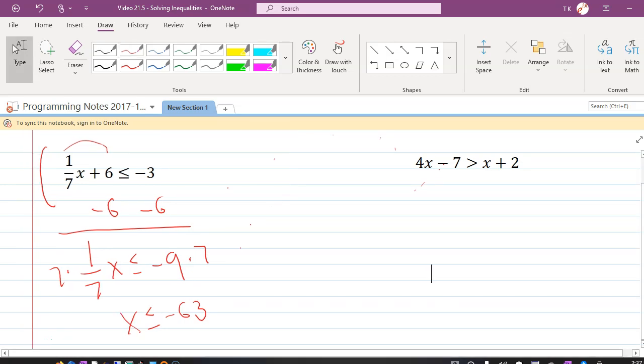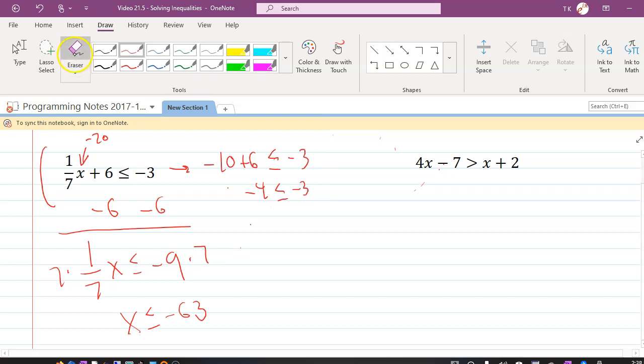If x was -70, I would plug that in here, and I would have 1/7 of -70 is -10, plus 6. Is that less than -3? In fact it is. So x could be -70. It could also be a lot of other numbers.